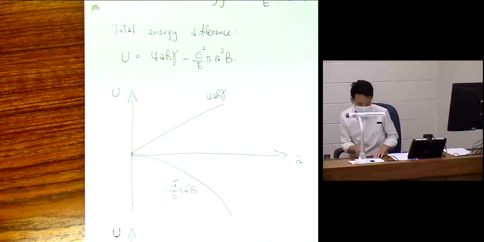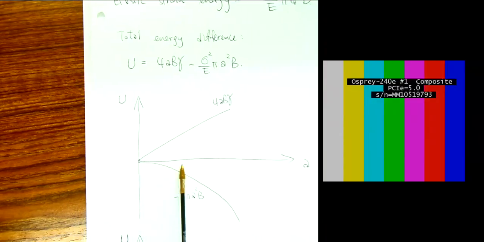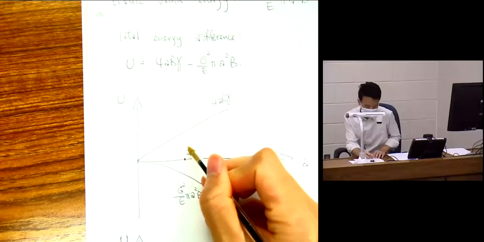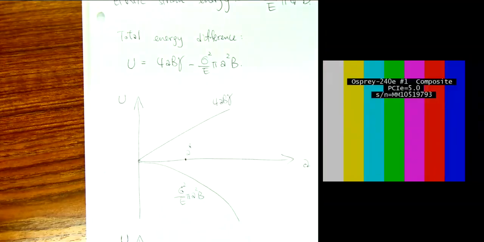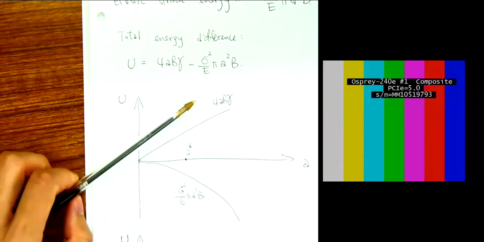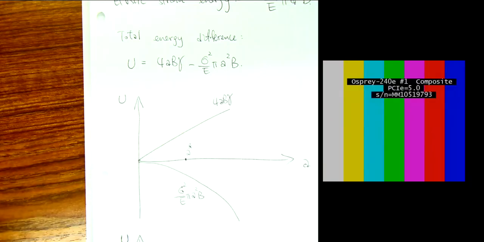So what does that mean? Let's take a little bit more discussion into this. I know the total energy comes from these two components, right? And at some point, past A star, it is going to keep going downwards, right? That means that the increase in surface energy, right? Because if you want a crack to grow, you increase the surface energy, but you will decrease the elastic strain energy.